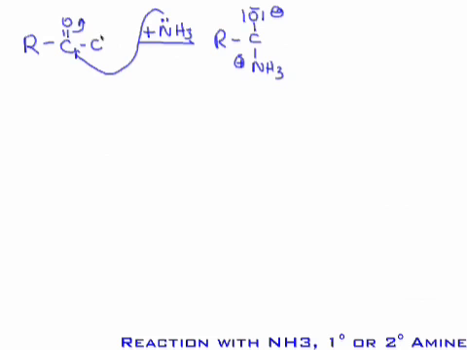Do that a lot. OCH3. Lone pair of electrons comes back in to build the pi bond. We kick out the alkoxide. We get R, C double bond O, NH3 positive.